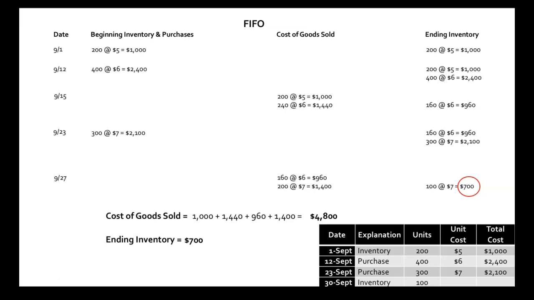So we don't care what that selling price was. That's just additional information to throw you off. When we are working on FIFO, LIFO, and average cost, we only care about the unit cost of our inventory. We care about the cost of goods sold and our inventory balances.